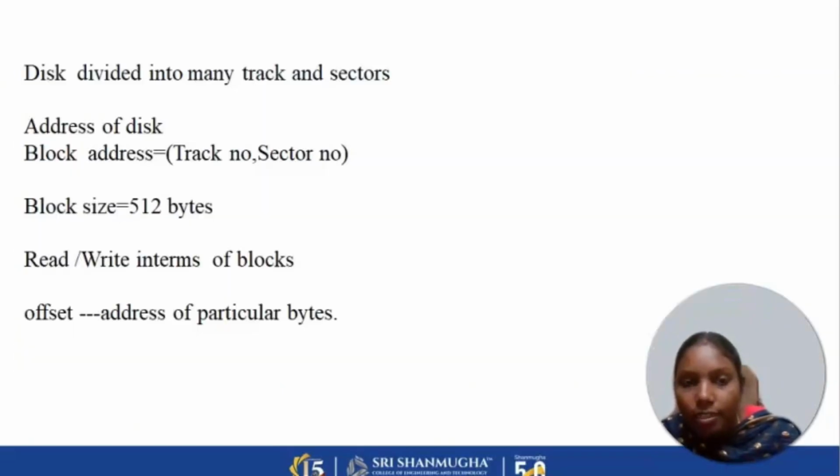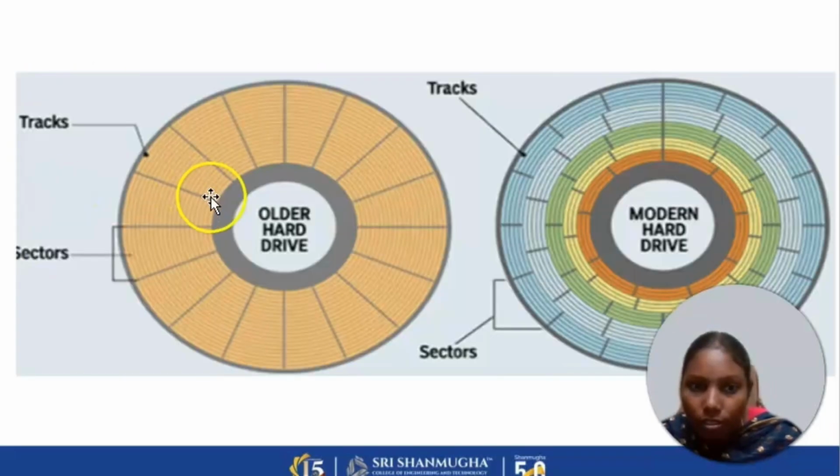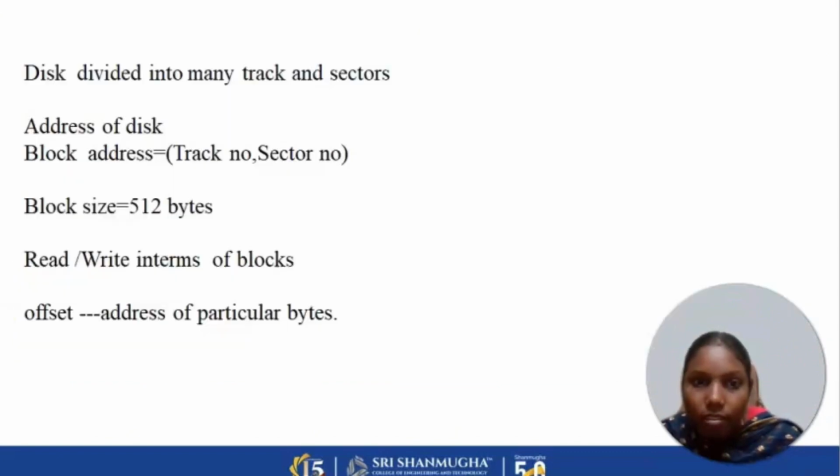We need to address a particular place on the disk, which we call a block address. To address a block, we mainly use the number of tracks and the number of sectors.